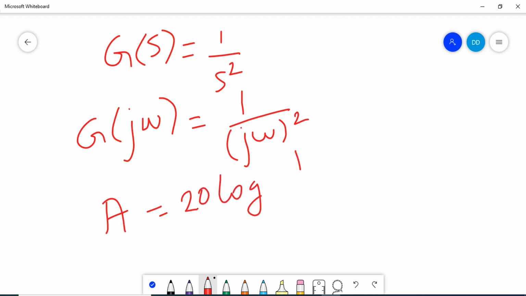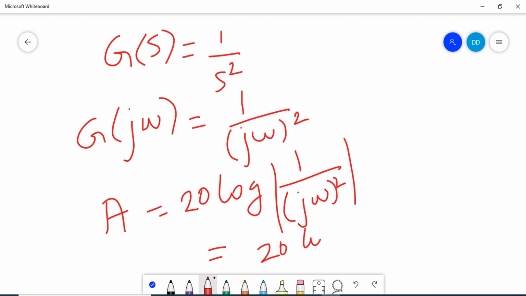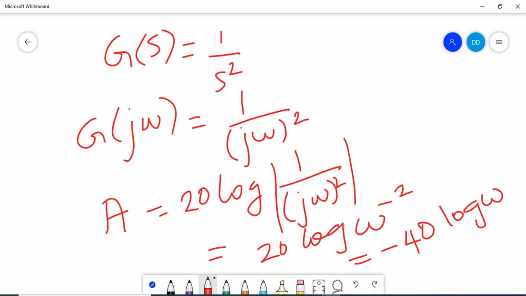It is 20 log of 1 by j omega square, that is 20 log omega to the power minus 2, or minus 40 log omega. It represents a straight line having a slope of minus 40 dB per decade, and it will pass through the 0 dB point on the logarithmic scale on semi-log paper.